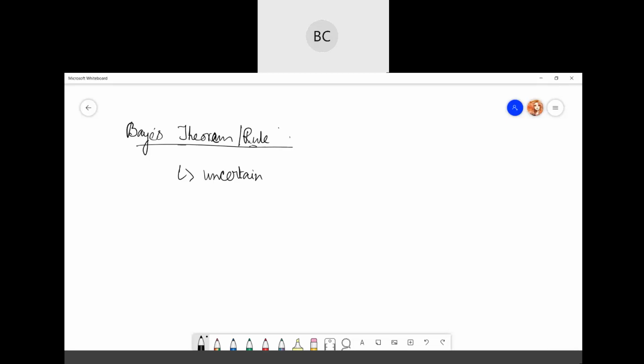So for Bayes theorem, what was the main equation? P(A|B). What was this part? It means we are going to find whether the condition or hypothesis A is true or not, given that B is true.